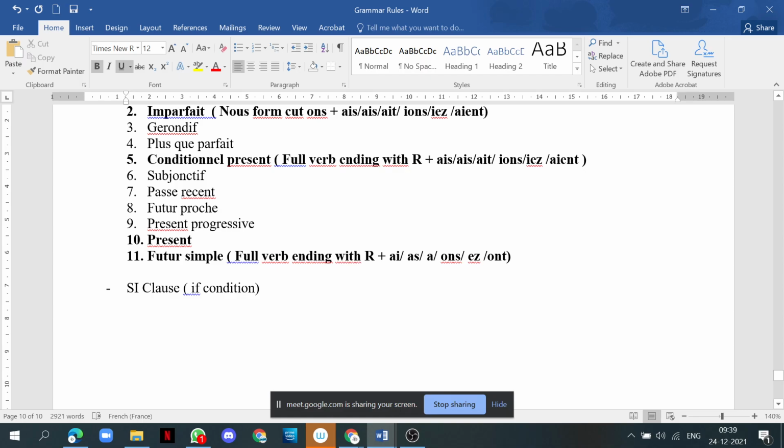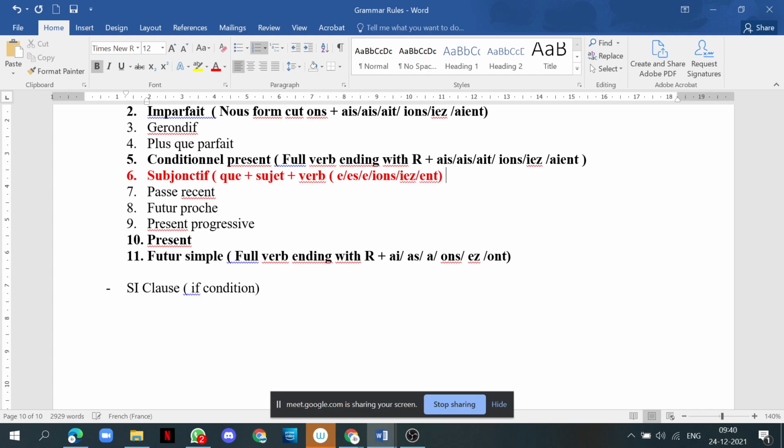The subjunctive I will tell you separately because it doesn't come into any of the categories. In the subjunctive, first it will start with que, and then you will be having a subject plus a verb stem ending with E, ES, E, IONS, IEZ, and ENT.